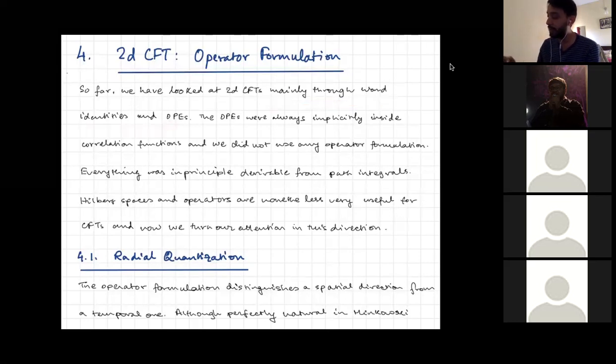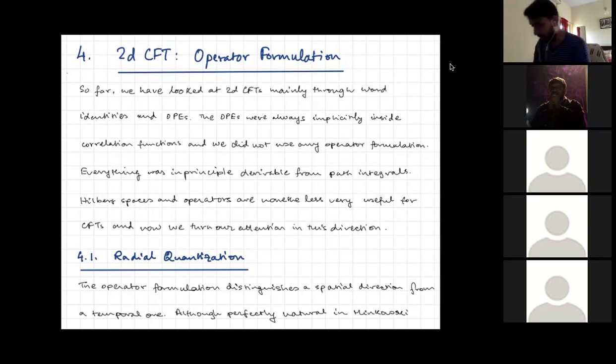And these OPEs were always implicitly inside these n-point functions, and we didn't use any operator formulation. Everything was in principle derivable from path integrals, and it still is. But the Hilbert spaces and operators provide a nice, useful way of trying to understand CFTs.